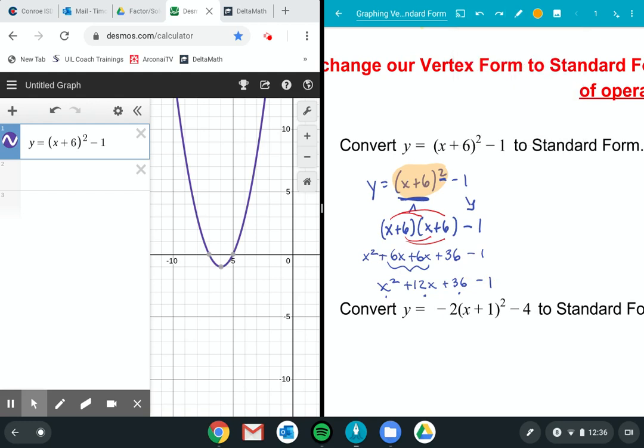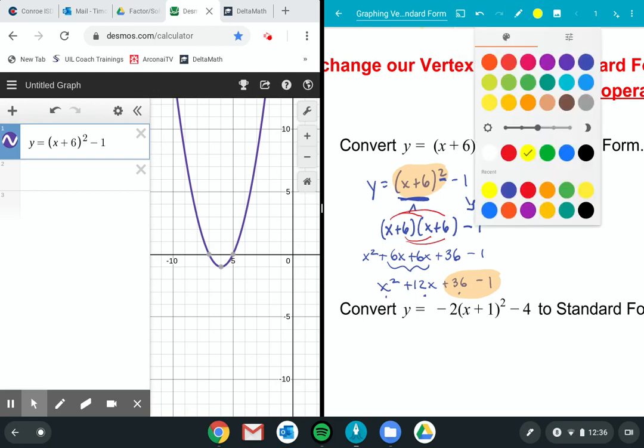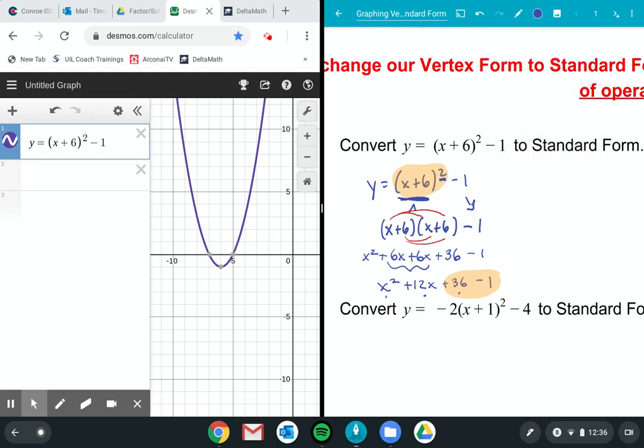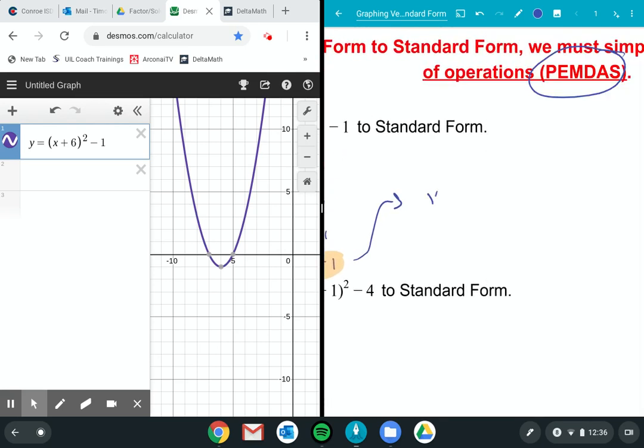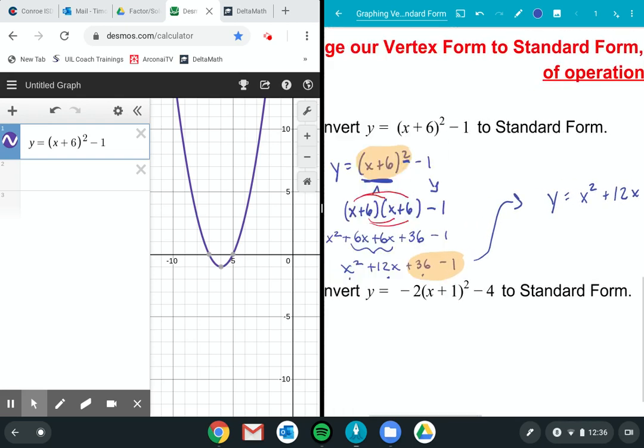I can subtract these two terms, which all of us can do in our head. 36 minus 1 is 35. So really, this equation is the same thing as y equals x squared plus 12x plus 35.